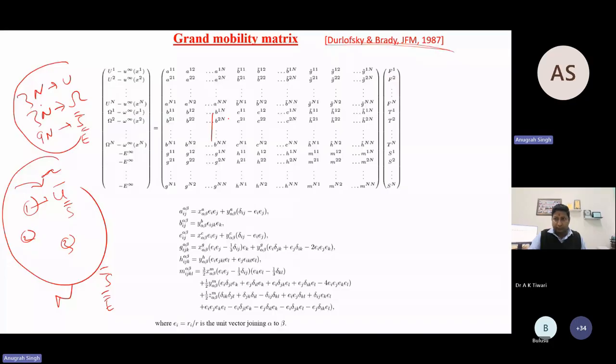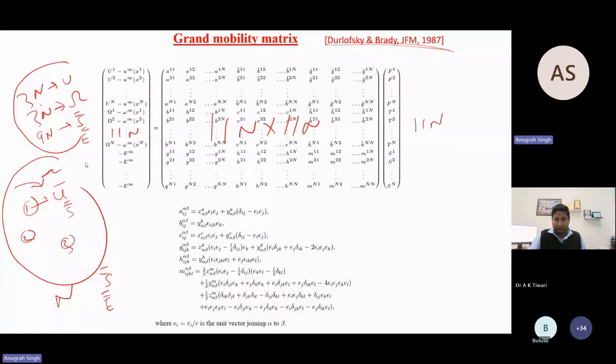This is the size of the matrix, and this also has to be 11n. Otherwise, if you take all components, it would be more, so why not take advantage of symmetry in nature? You can reduce it to 11n by 11n at maximum.